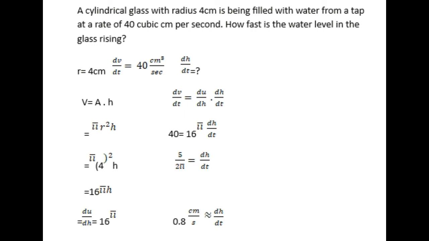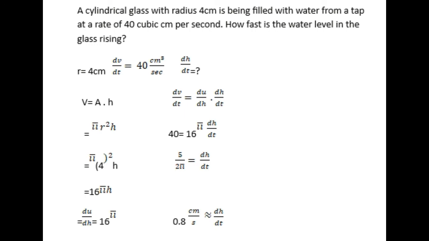So the next process is we will find our dH over dt by using the formula dV over dt equals dV over dH times dH over dt. So we will substitute 40 for dV over dt and 16 pi for dV over dH, and copy dH over dt.